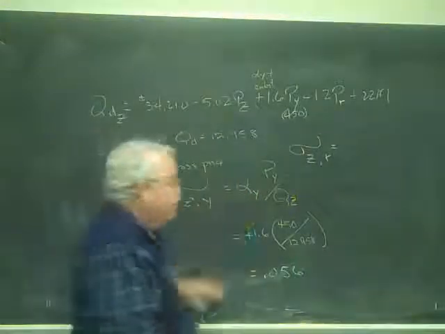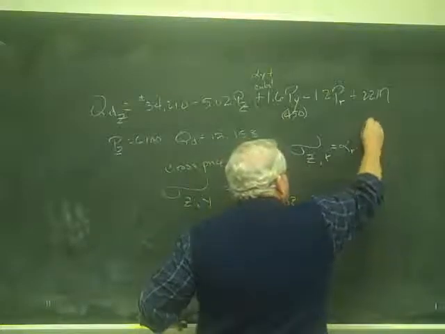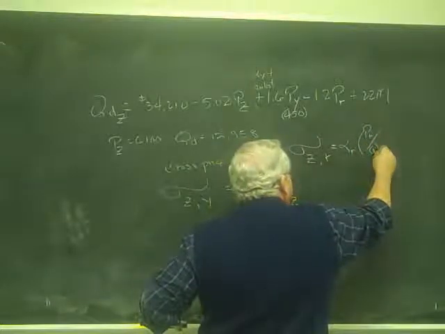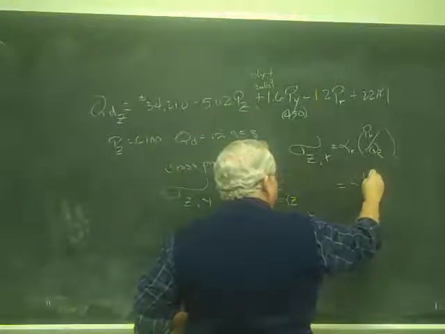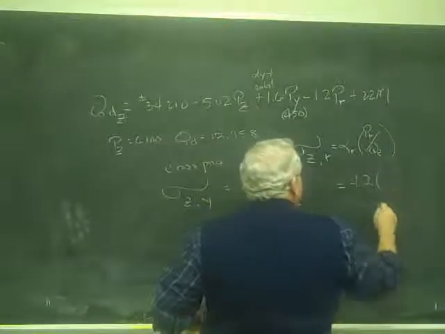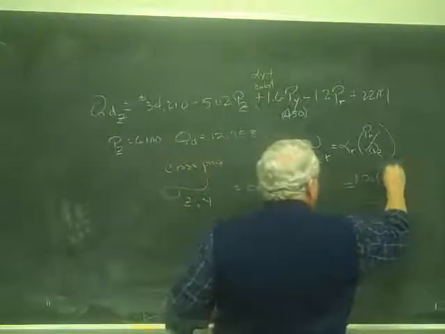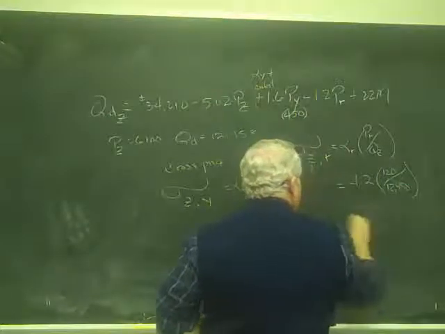Same thing. It's alpha R times the price of R over the quantity of Z. So we have negative 1.2. I should have written that as a positive number. Price of R was 120... 125.